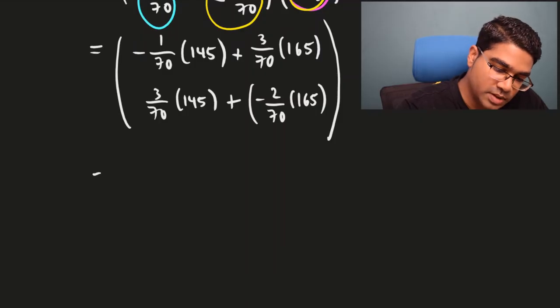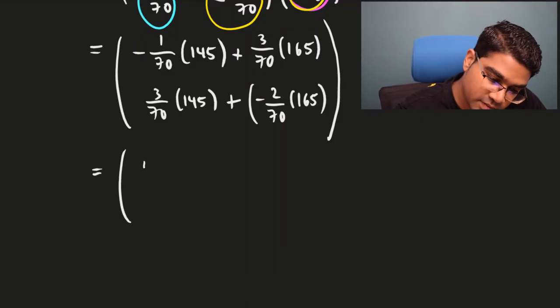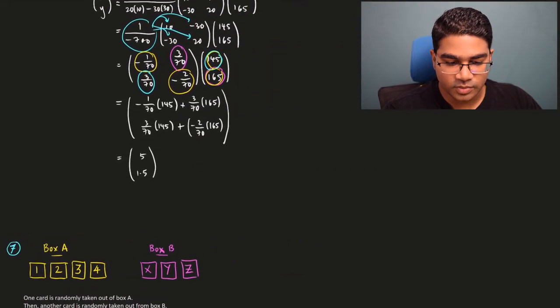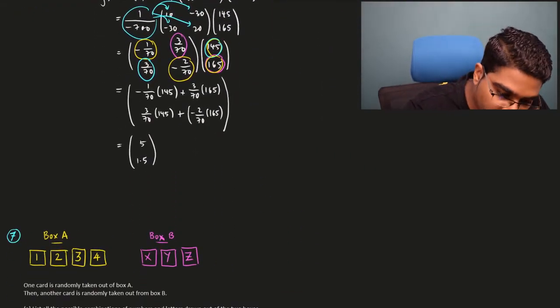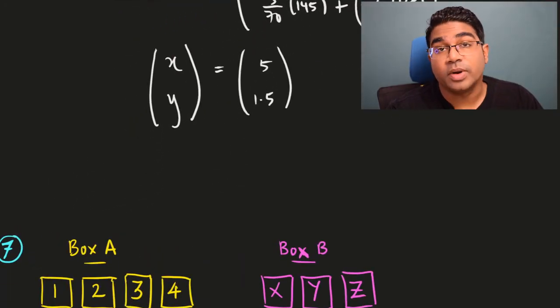Now, when we put this into the calculator, what you will get is 5 and 1.5. So now remember, this is x, y. x, y is equals to 5 and 1.5. So x is 5 and y is 1.5.